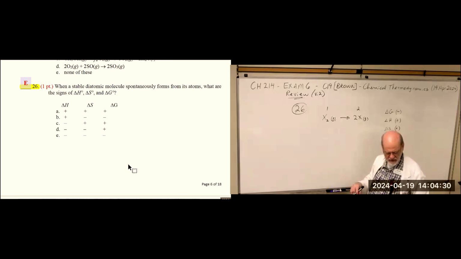So let's see, it's H, S, and G. H, S, G. So it'd be positive, positive, negative. Positive. No, it says they're all negative. Why is that? Delta G is negative.